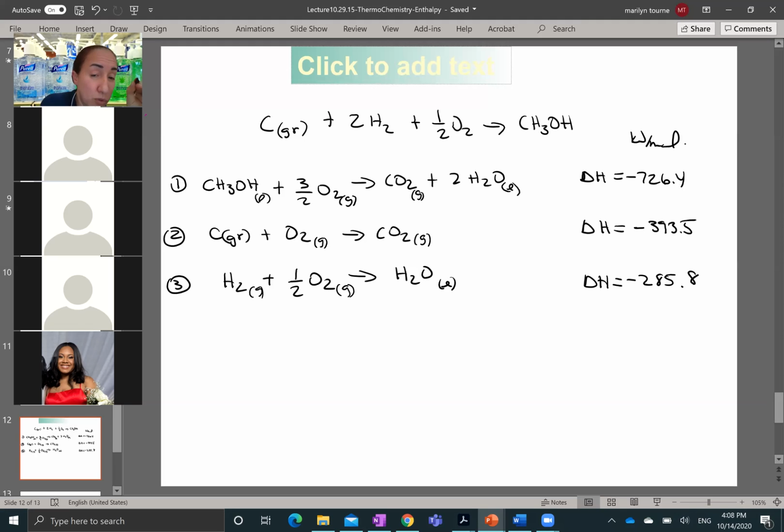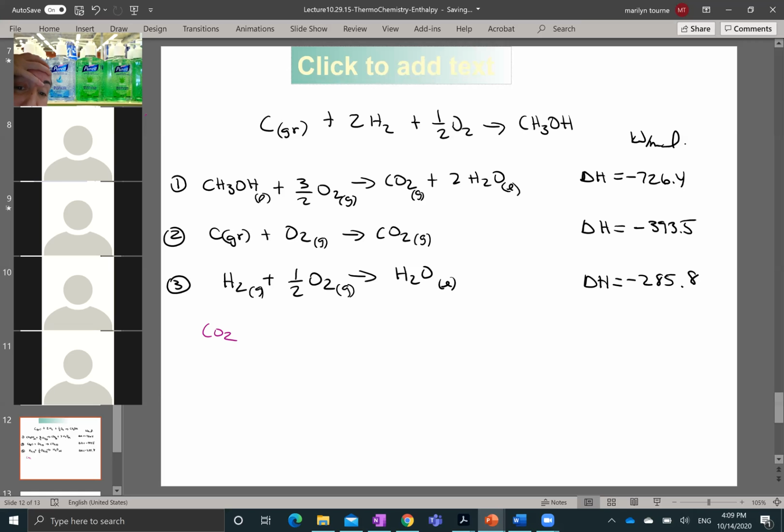So let's see what Drew has. Drew, tell me, what do I do? So first, I flip the first example around for the CH3OH. Okay, give me a second, let me write that. So CO2 plus 2 waters goes to instead methanol.